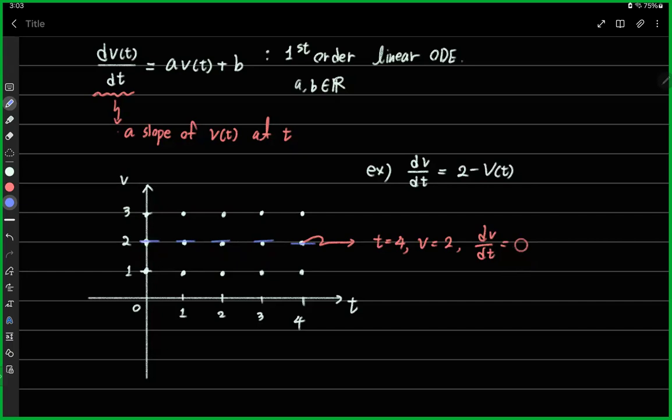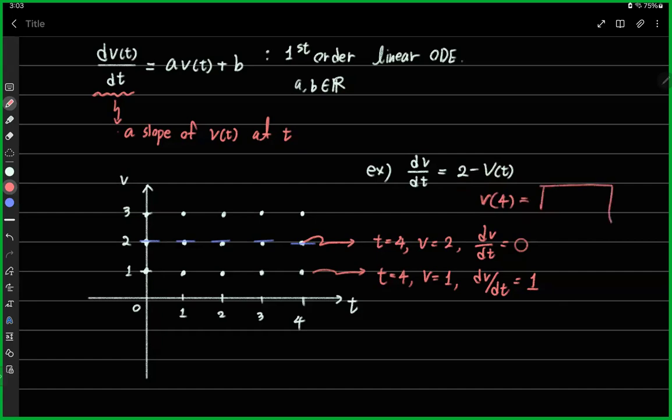And then when v equals 1, at t equals 4, dv/dt is going to be 1, because of 2 minus 1. You may ask what v(4) is.